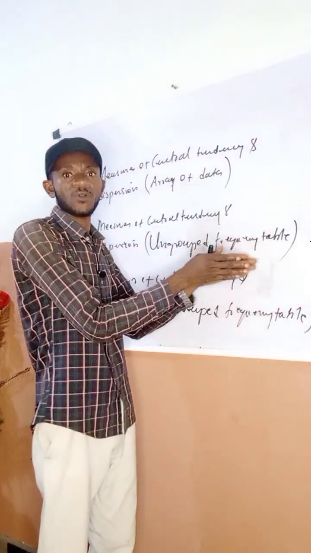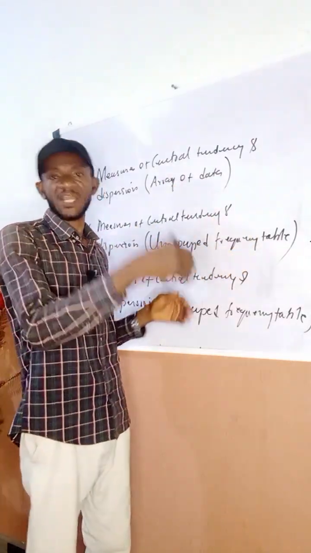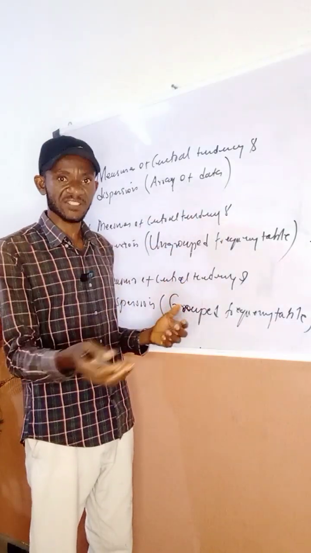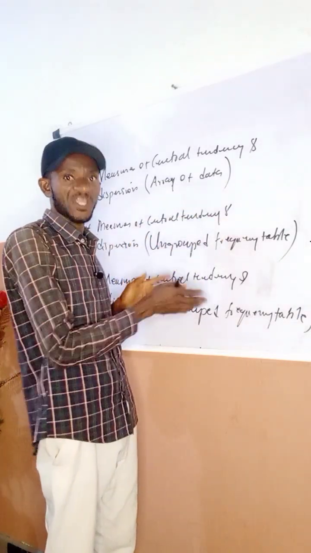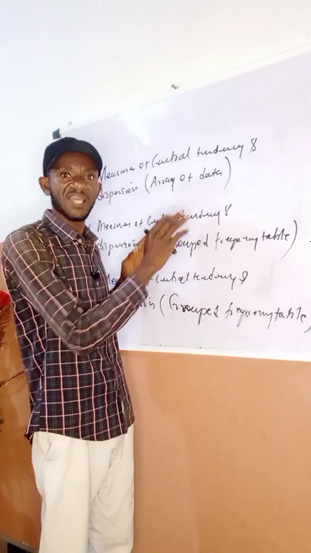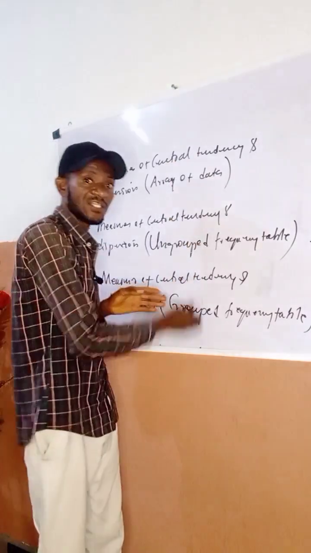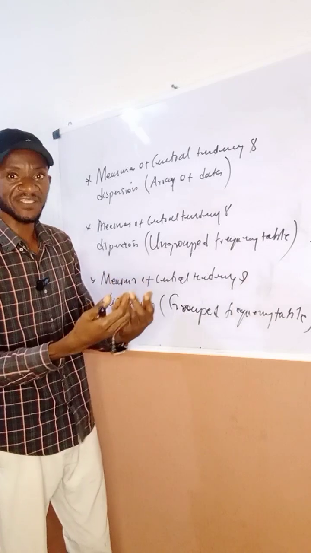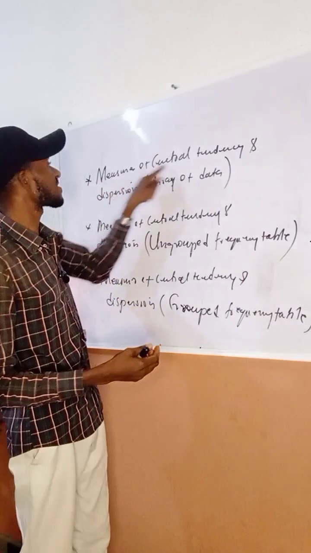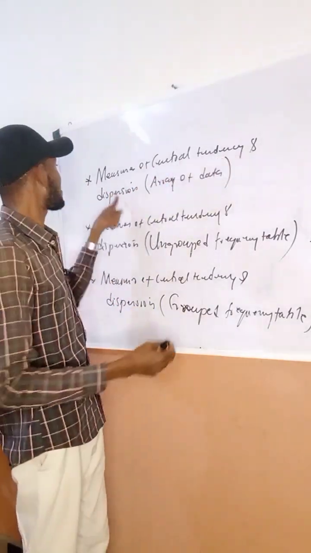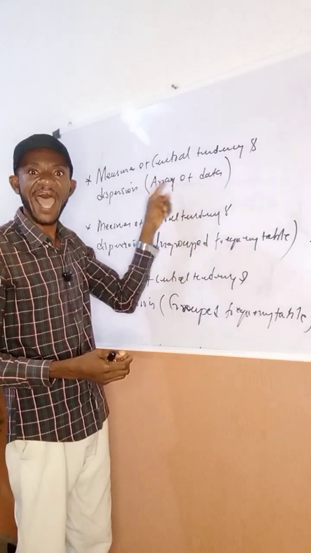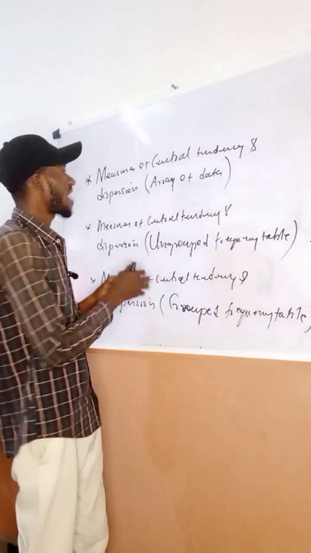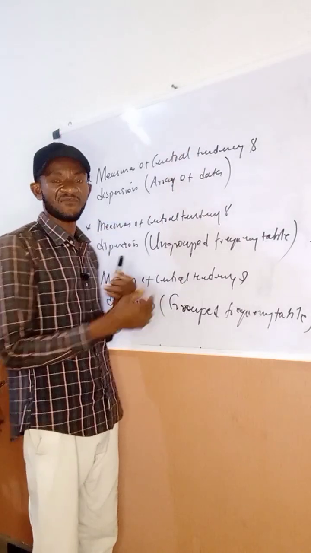Other methods of data presentation, charts and graphs, we are going to address when we are through looking at measures of central tendency and dispersion under these headings. So today, we are going to begin by looking at measures of central tendency and dispersion for an array of data. So permit me to clean the board and retain this first one.